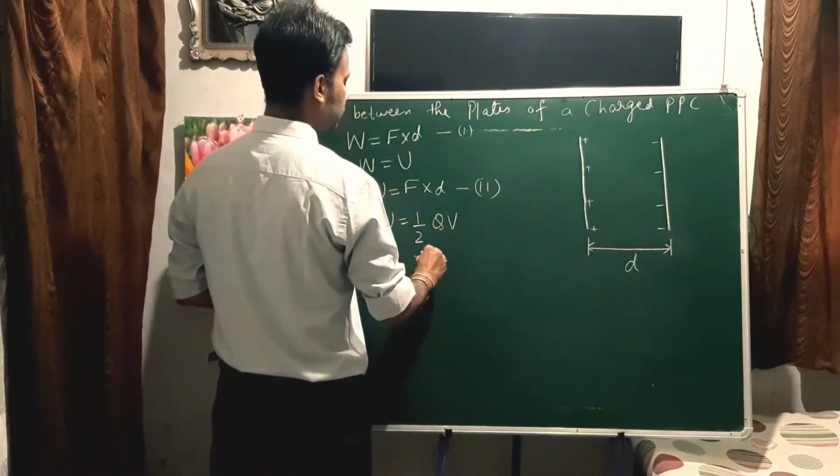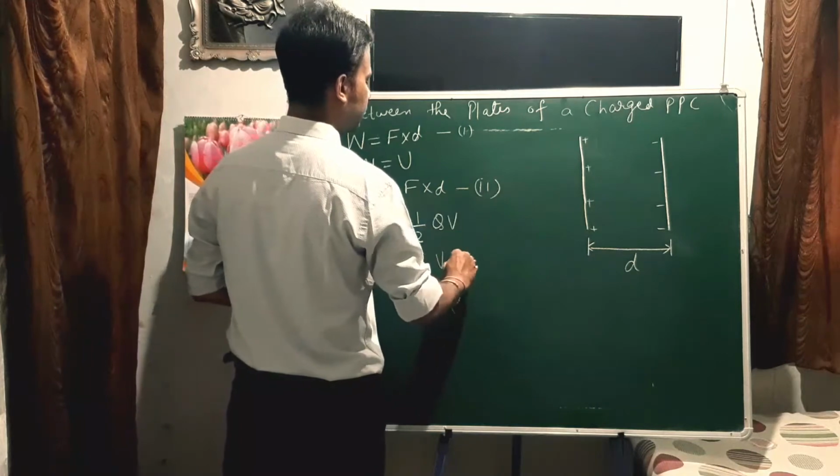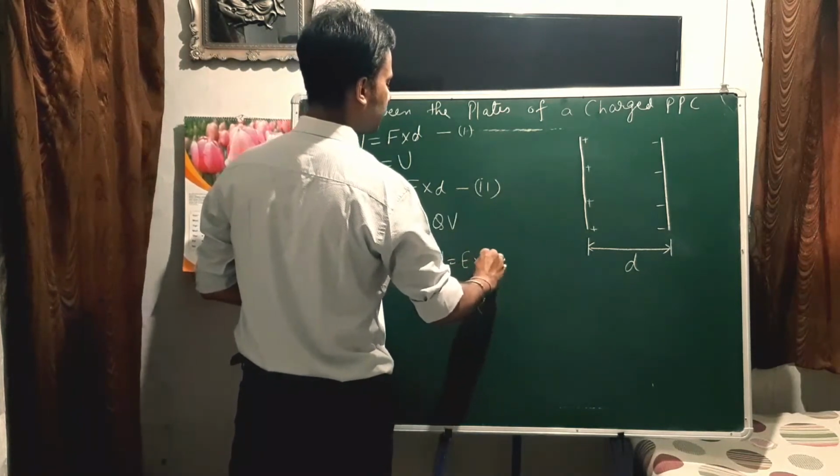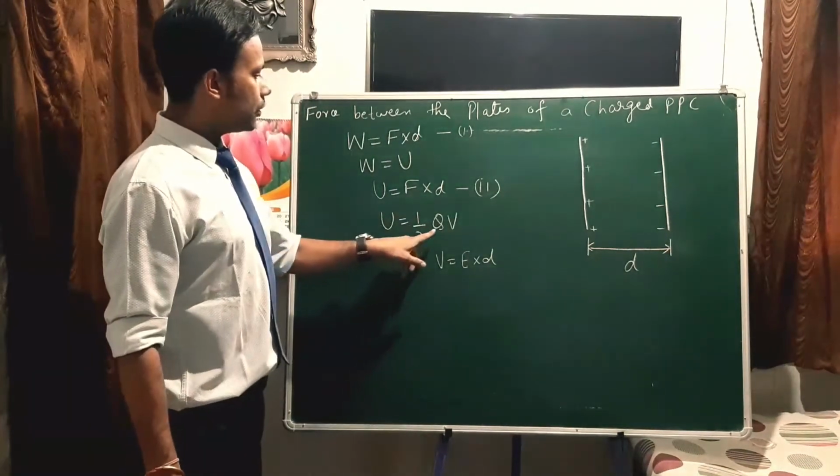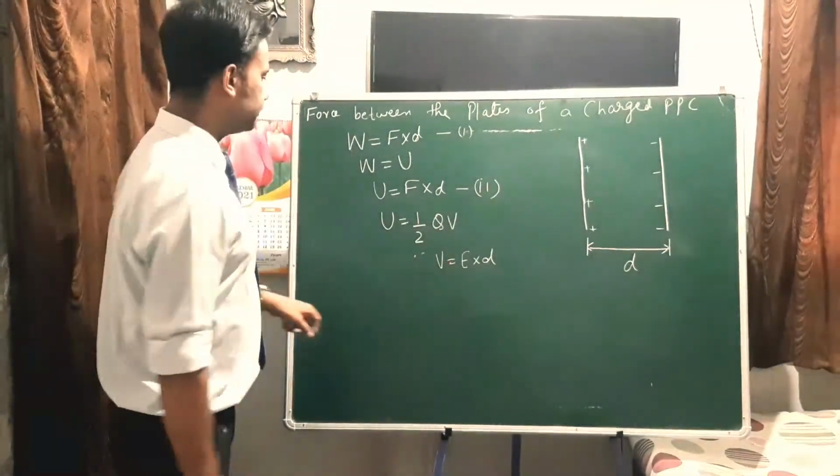And also V is nothing but E into D, so U will become half Q E into D.